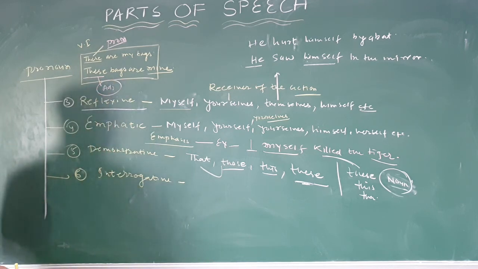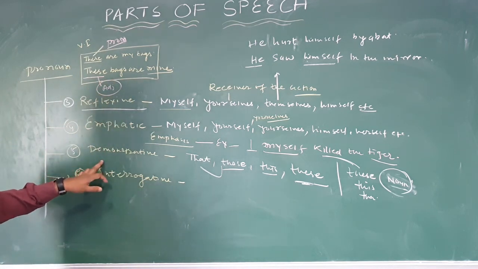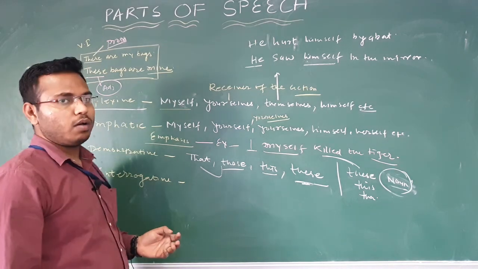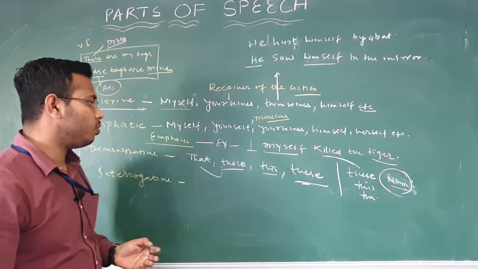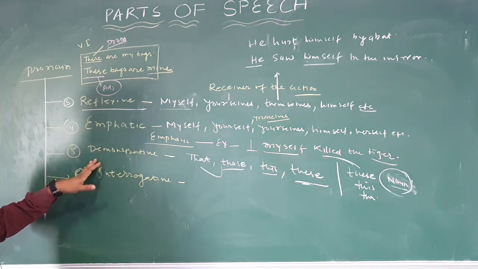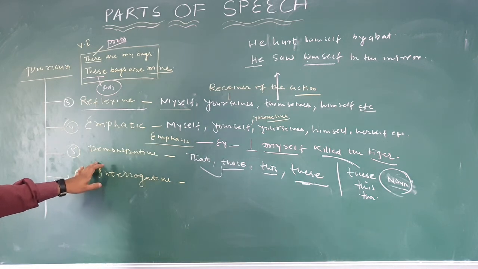And what kind of adjective? Just like we said demonstrative pronoun, in the same way we can say demonstrative adjective. When we come back to the adjective part, we will see that the same word is present in the types of adjective, demonstrative adjective.